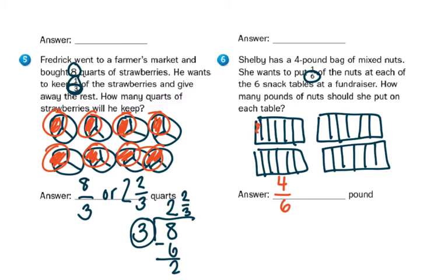So table 1 gets 1/6, 1/6, 1/6, 1/6. The next table, the purple table, gets 1/6 of each pound bag. Then the next table, the yellow table, gets 1/6 of that, 1/6 of that. You get the idea, right? So the blue table would get 1/6, 2/6, 3/6, 4/6.